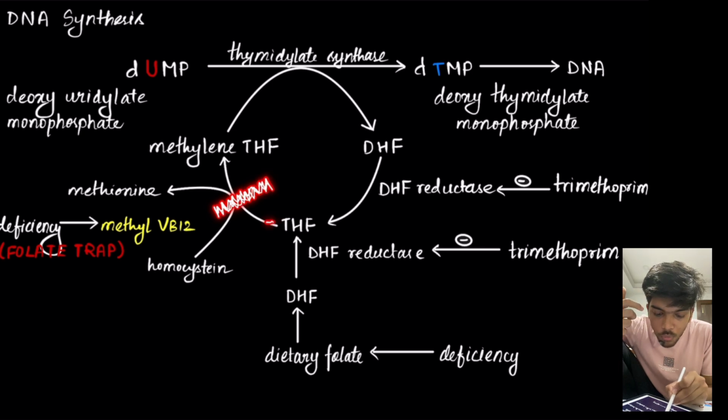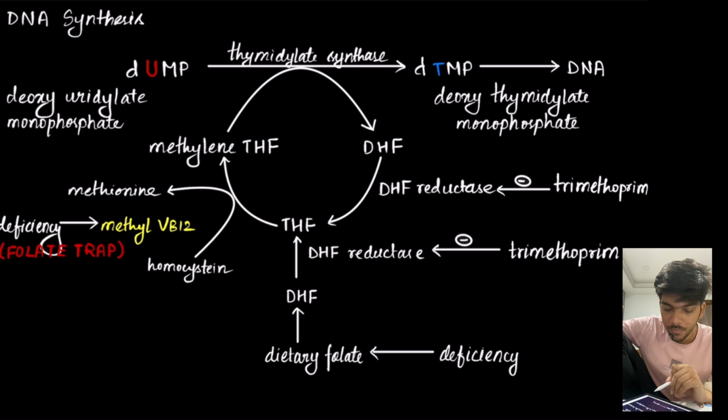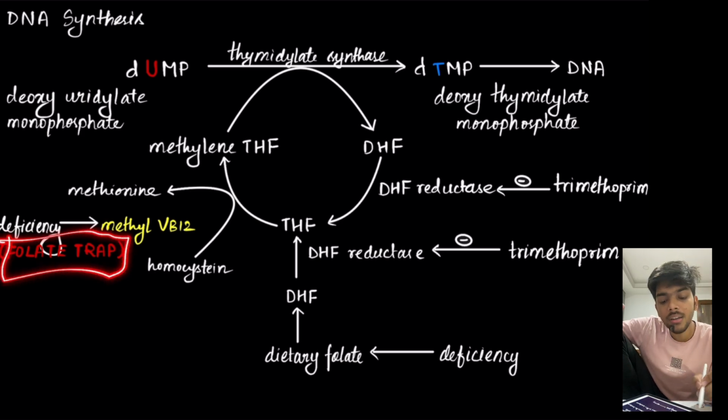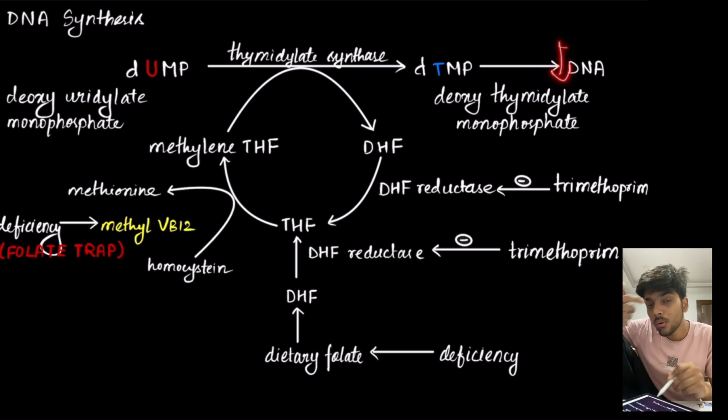It won't be able to move forward from this process. THF will get trapped, folate will get trapped, and this is what we call folate trap. Why does folate trap happen? It happens due to lack of vitamin B12 in the body, leading to decreased DNA or impaired DNA formation.